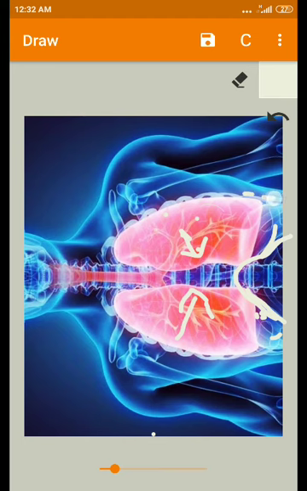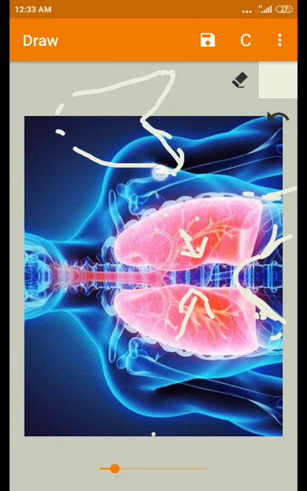Normally the lower rib cage is outward. Okay, so normally the thorax is present like this, isn't it? So this is already in an outward position. In bucket handle movement it moves upward and laterally.